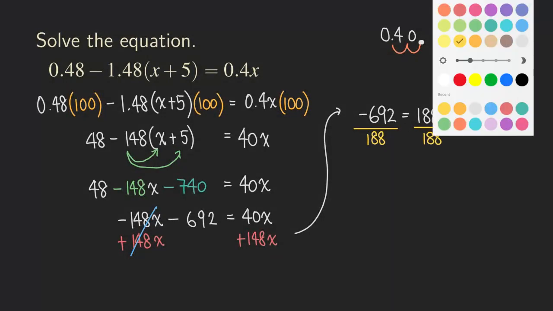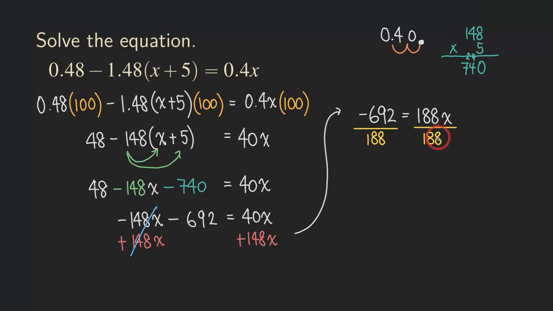Okay, so you know that the 188 and the 188, when you divide them, you're going to get 1, right? So you're going to just get 1 here. So the x is already isolated.